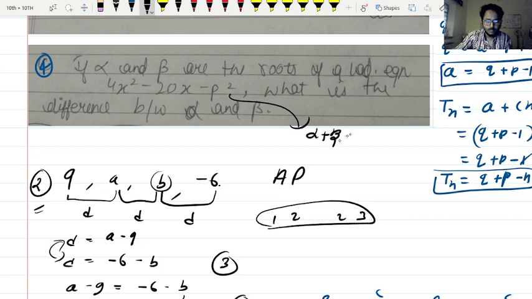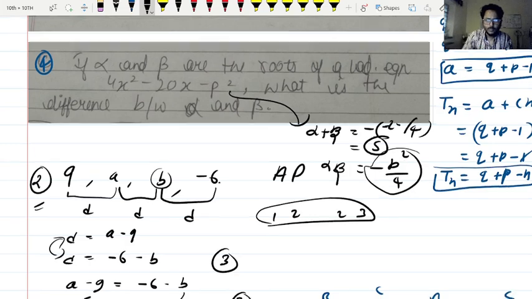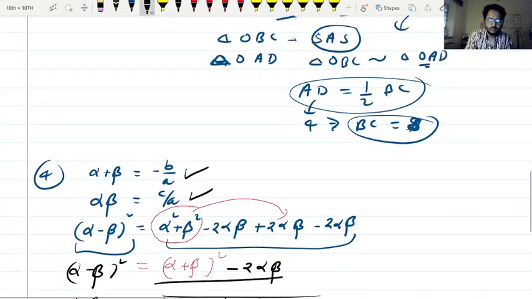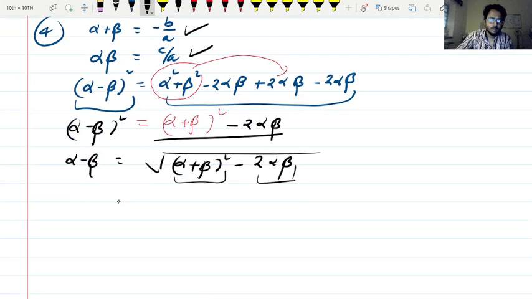Here in this question, alpha plus beta equals minus of minus 20 upon 4, that is plus 5, and alpha into beta equals minus of p square upon 4, c upon a. Now we can put these values, 5 and minus p square upon 4, in the square root.